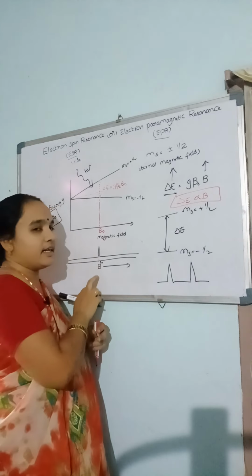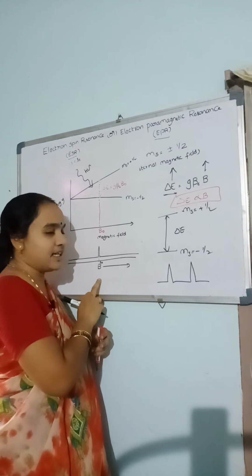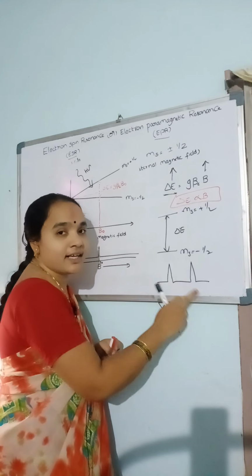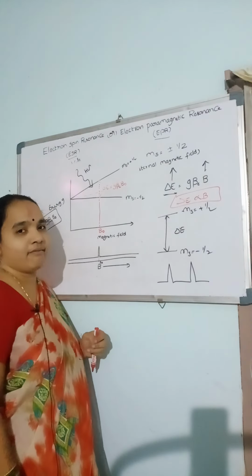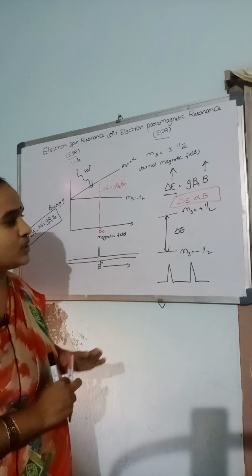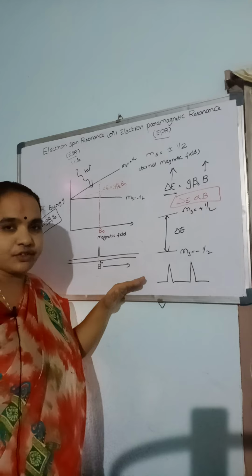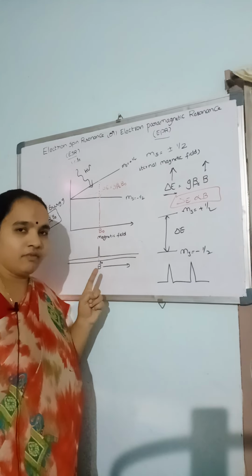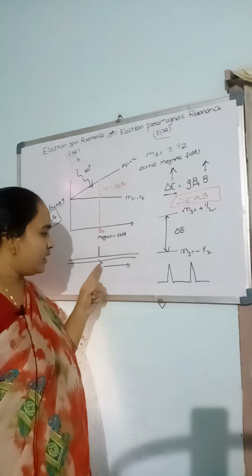So we are not getting a single spike in the spectrum. We are getting two spikes in the spectrum. Why? Because this phenomenon is further explained. So this is the main introduction of electron spin resonance. Actually we need to get only a single spike, but we are getting two spikes.